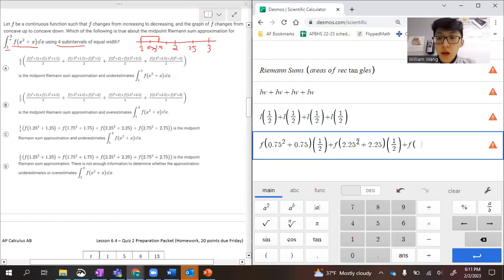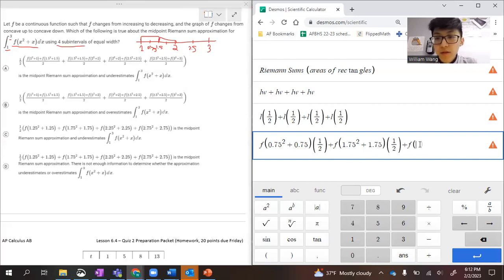F of the next midpoint would be between 2.5 and 3. So that's going to be, oh sorry, I think I skipped one. Sorry, 1.75. I skipped this rectangle right here. I skipped the second one. So that's 1.75.